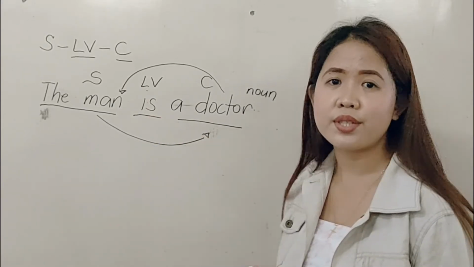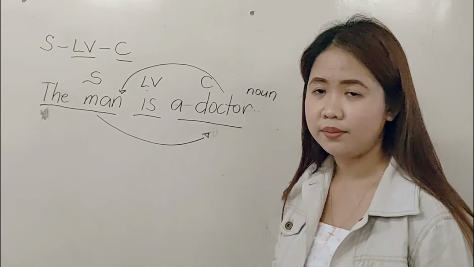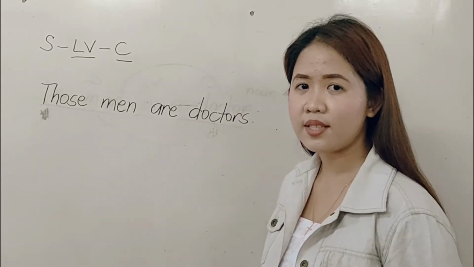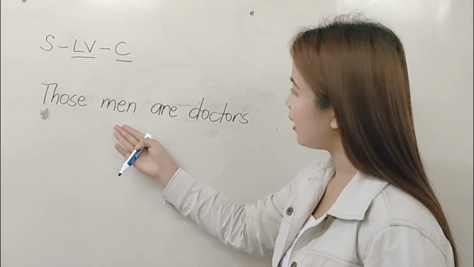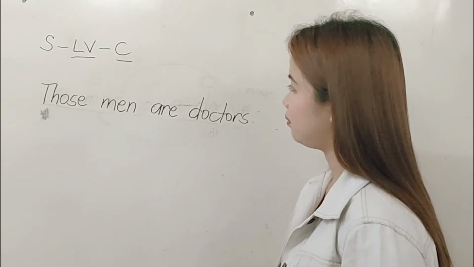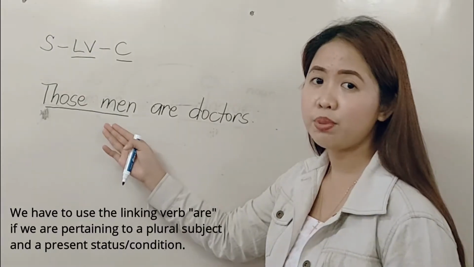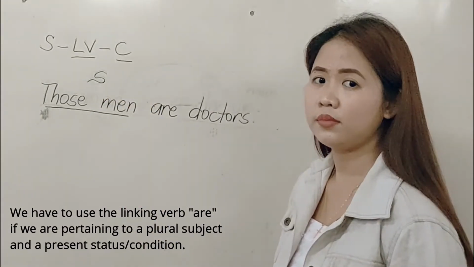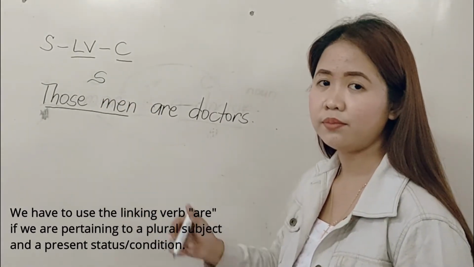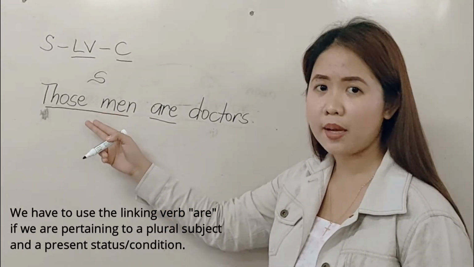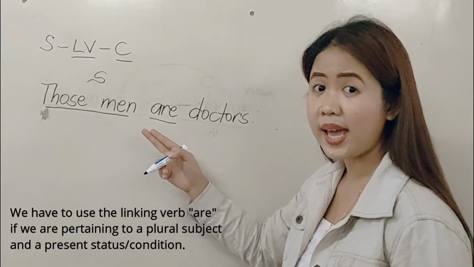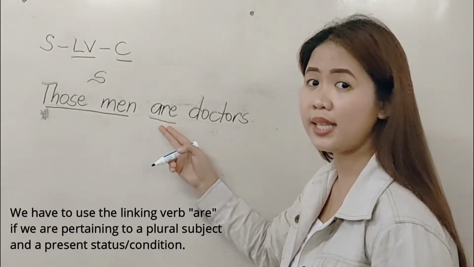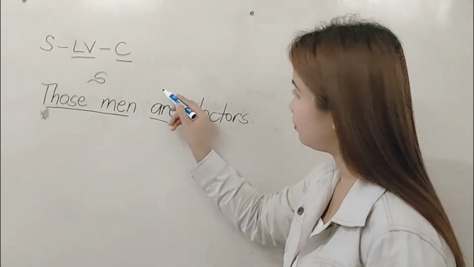Now, let's use the linking verb are. This time, our sentence is, those men are doctors. We have a plural subject, those men. That is why we have to use a plural linking verb.